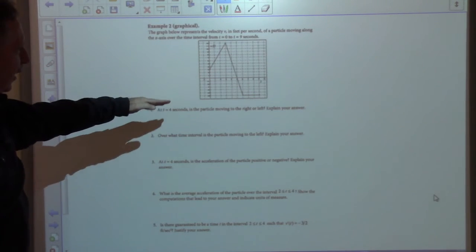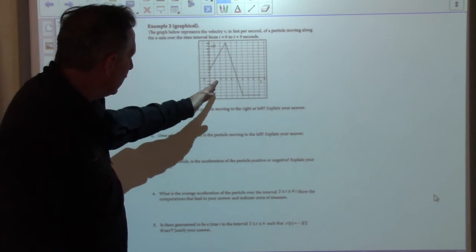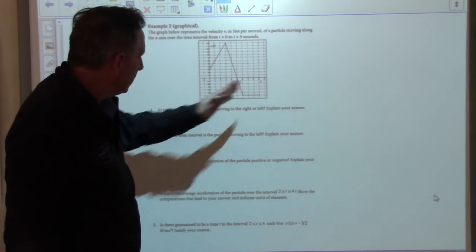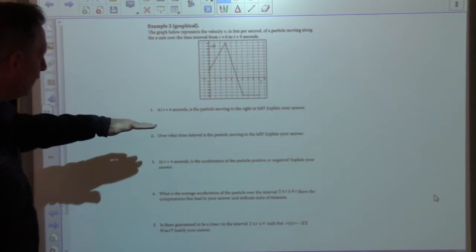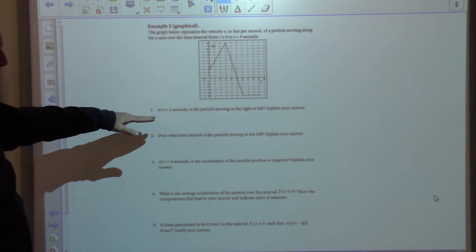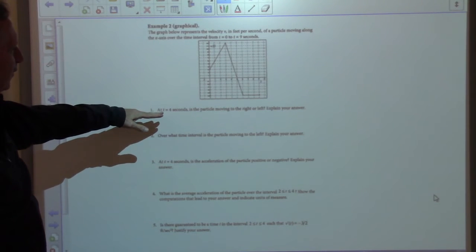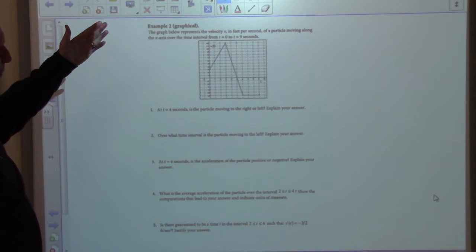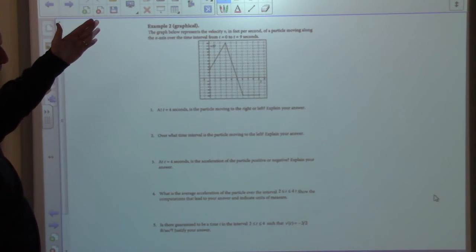Here you have the time, and these are 1 second intervals along the x-axis. We're asked the question: at t equals 4 seconds, is that particle moving to the right or to the left? I'm going to guess left.